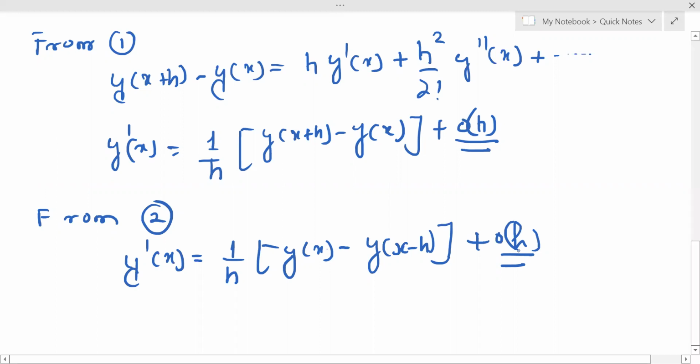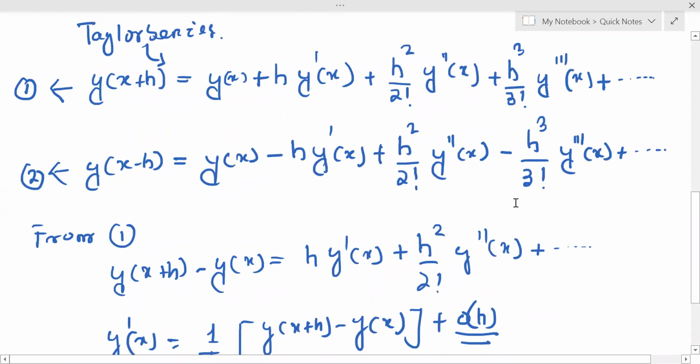Or otherwise we can do it this way: subtract equation 2 minus 1, that means y(x+h) minus y(x-h) is equal to, this is 0, 2h y'(x) and order of h squared.